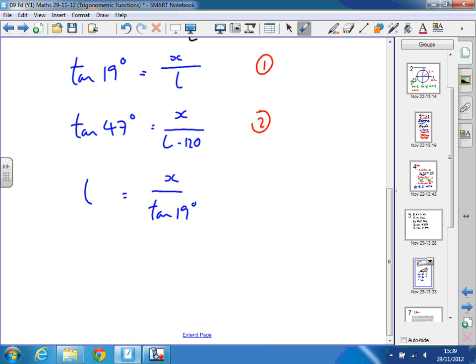Putting this into equation 2, substituting in, tan 47 equals x over L, which is x over tan 19, minus 120.